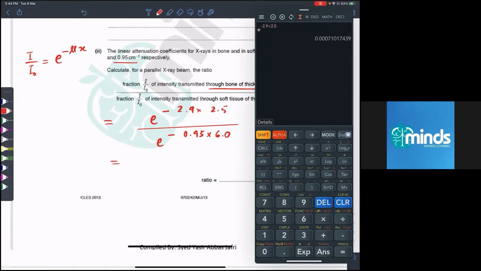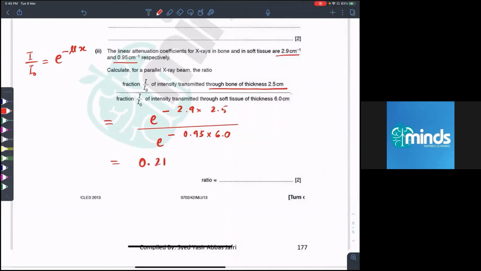You are getting 0.000710. And if you want to solve in one step, you can divide this value once again by shift ln of minus 0.95 into 6. So we are getting 0.212, 0.21. Since we need the answer in two significant figures, because 2.5 and 6.0 are two significant figures, we will be getting 0.21 as the answer. So Anas is getting the same answer.